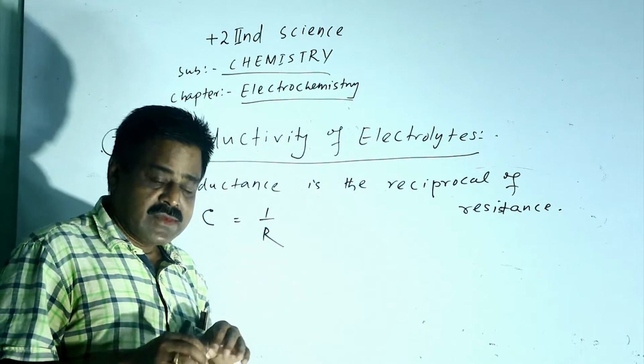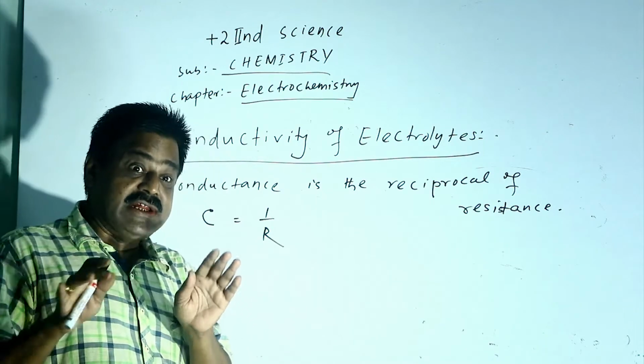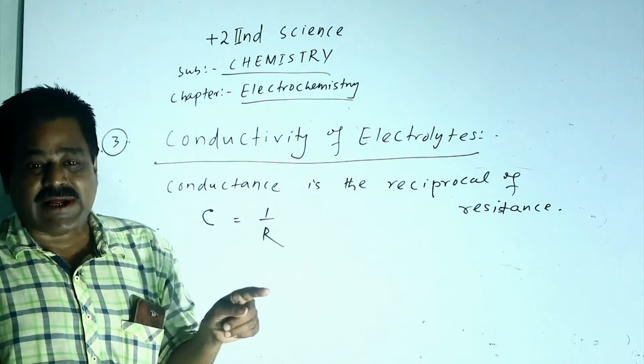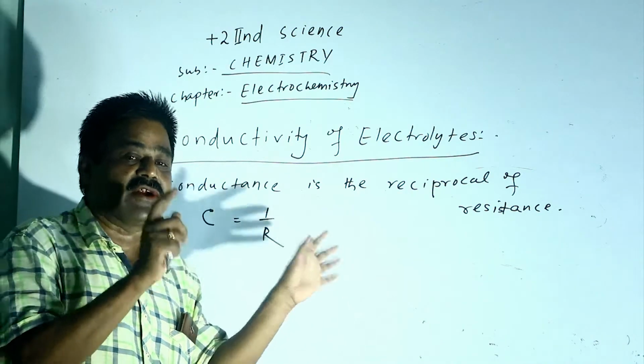It means the ease with which current flows through a conductor is called conductance.